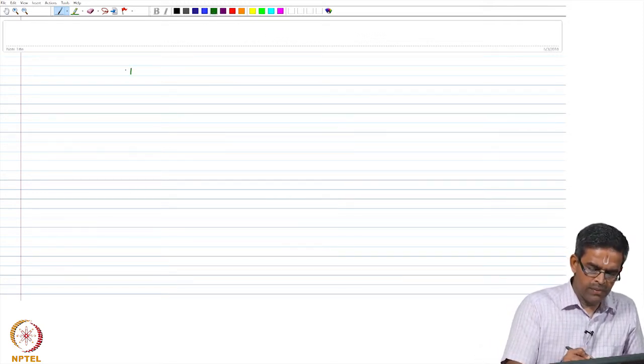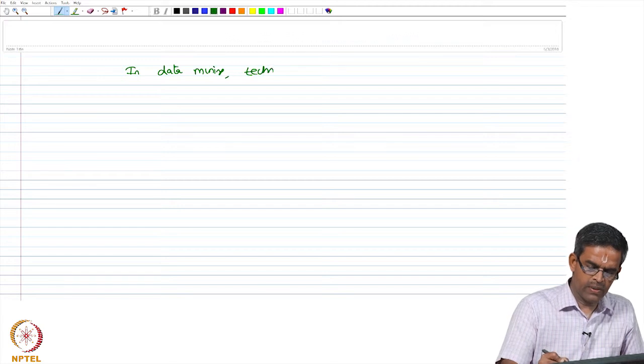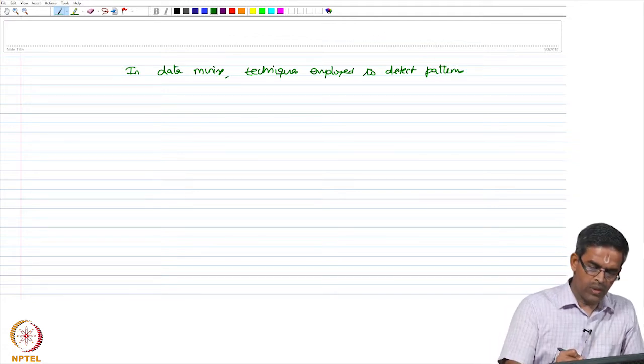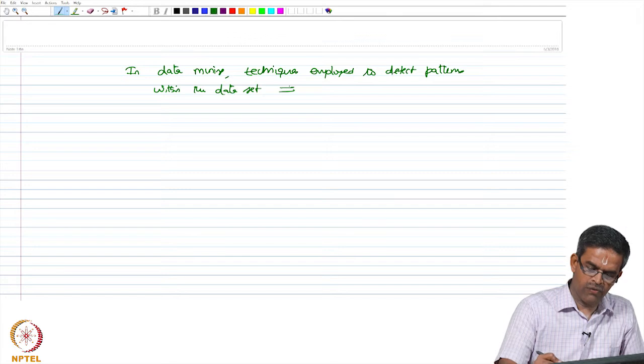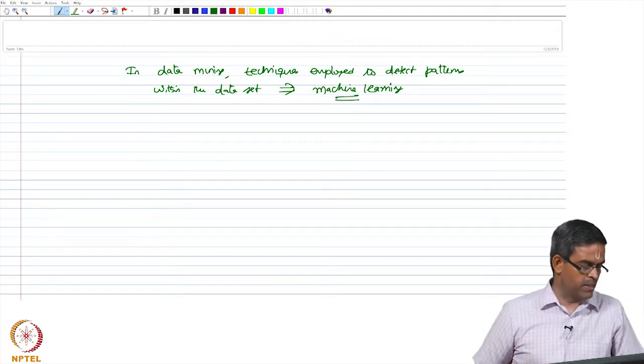In a nutshell, in data mining, techniques employed to detect patterns within the data set is referred to as machine learning. Okay? That is machine learning.